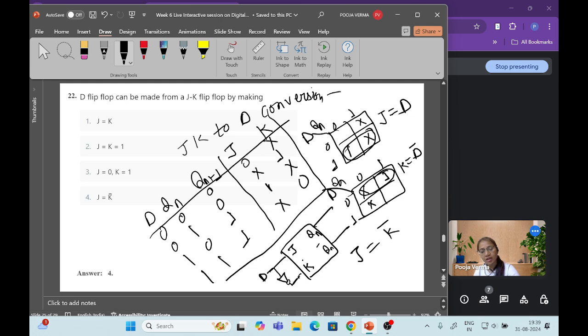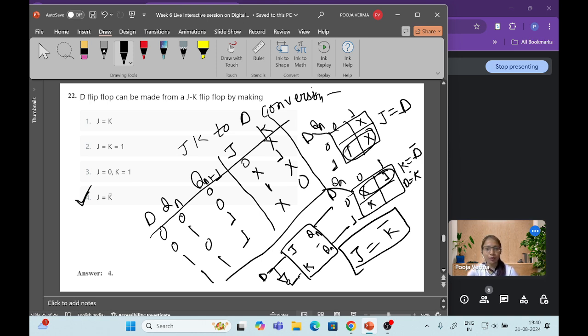Here the input is JK, and we are converting the J and K to the D flip-flop. So J is equal to D, K is equal to D bar, right? From here, D is also equal to K bar. So we can write J is equal to K dash, right? So from here, option 4 is the correct answer.